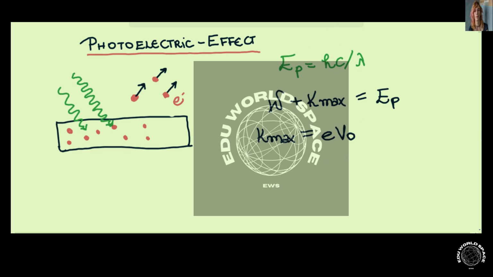Now, in this exercise, we have a photoelectric experiment in which we know the minimum energy that the photons must have in order to release the electrons from the atomic binding.